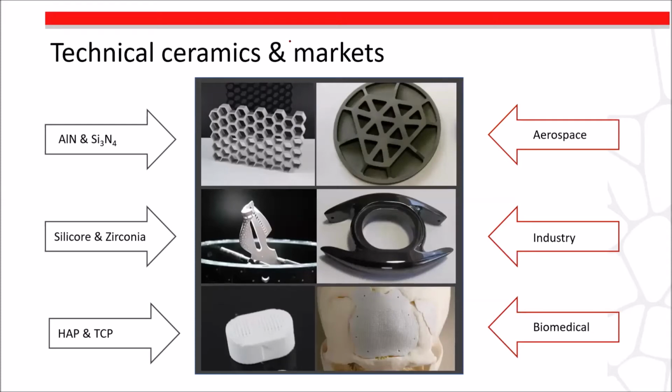Okay, so about the market, technical ceramics is everywhere. Nitrides, like aluminum nitride and silicon nitride, the two pictures at the top, are mainly used in the aerospace business.